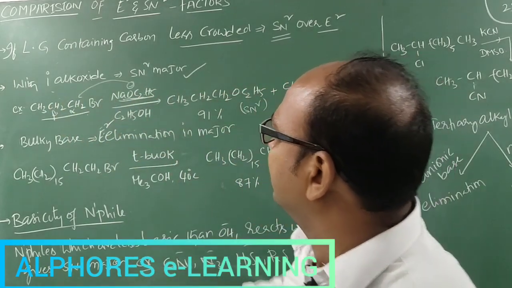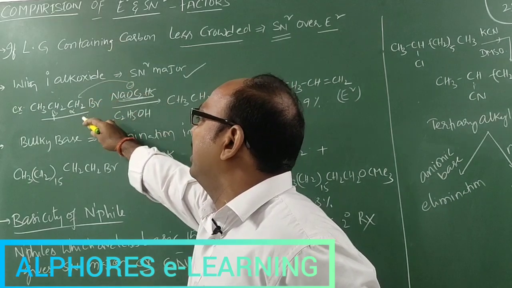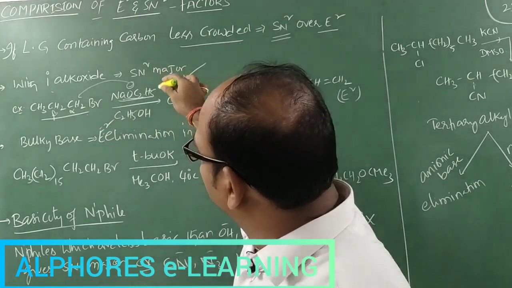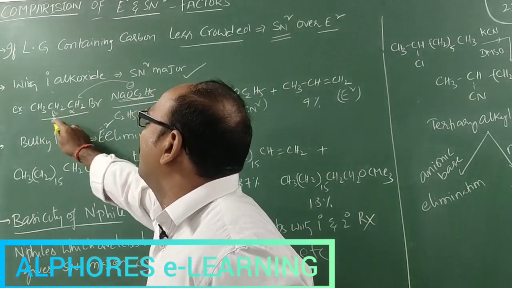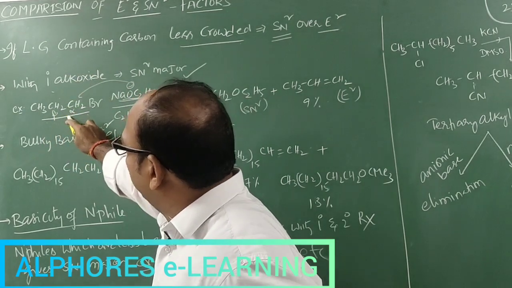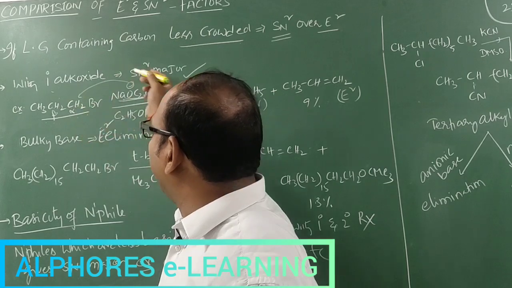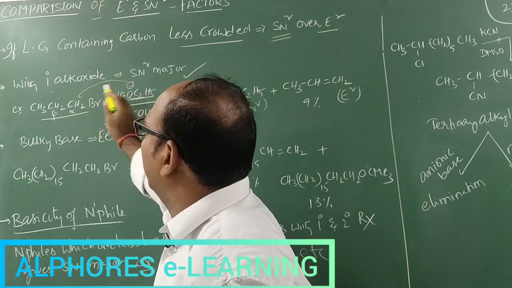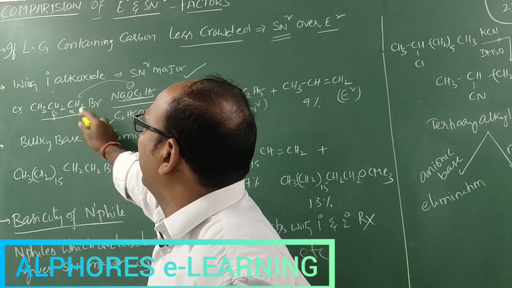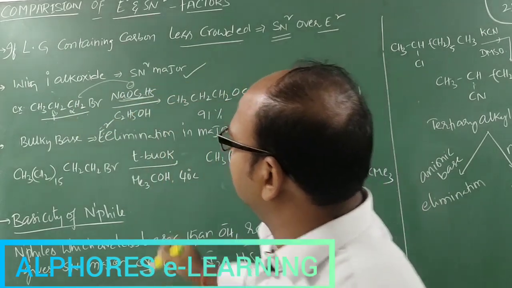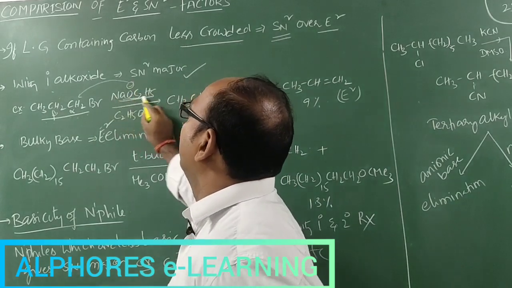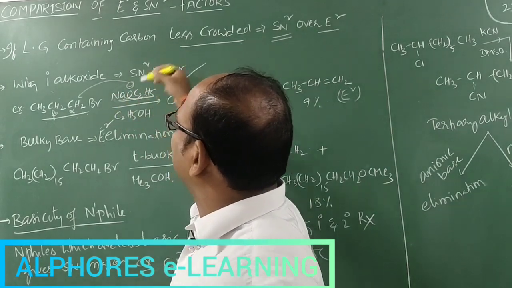Alkoxide acts as both base and nucleophile, but here it is primary, and the alkyl halide is also primary, means a less crowded alkyl halide and a less crowded base. We are not supposed to think that with a primary alkoxide we always get SN2 as major.